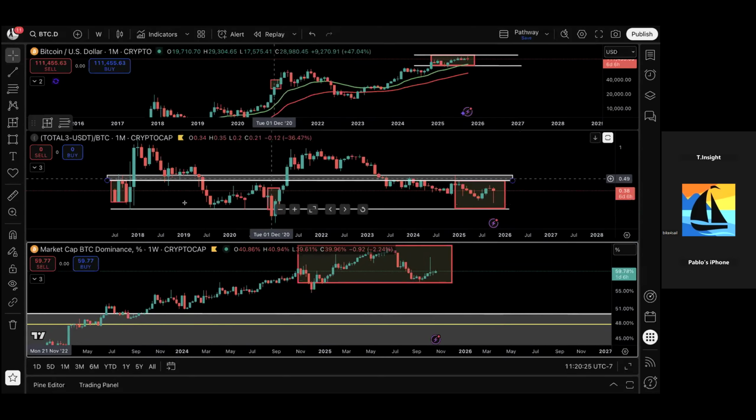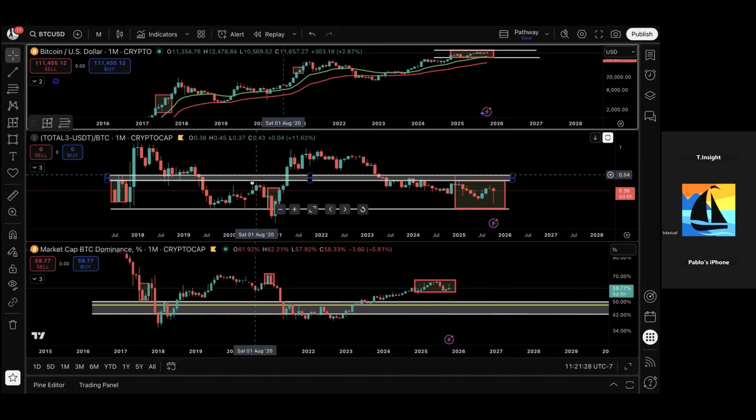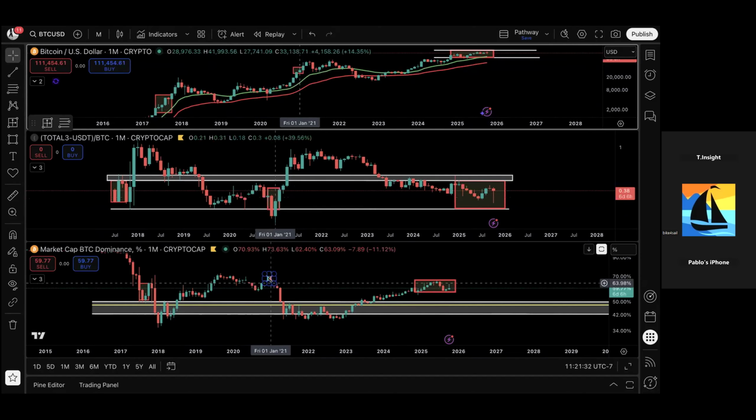Now, you have that here as well, because this is a micro pre-distribution phase for 2021. And you can see that it was within this range here as well for the total and for the Bitcoin dominance here. And this is where we currently stand.